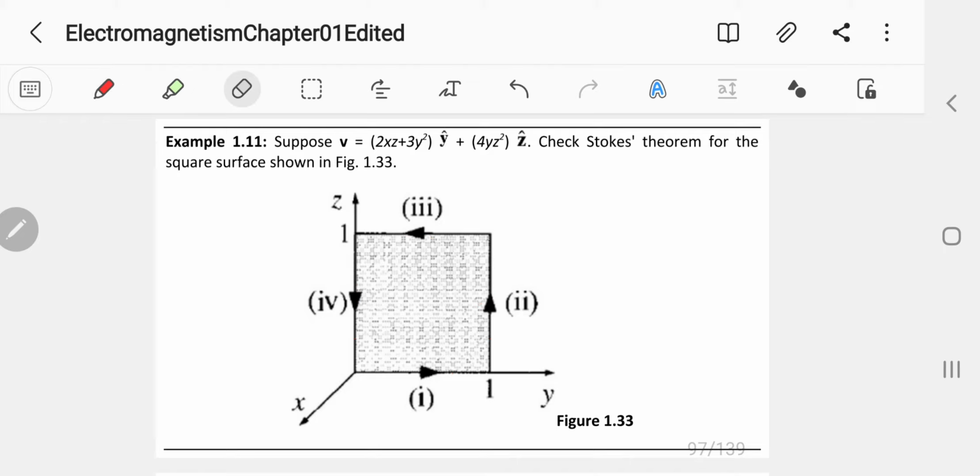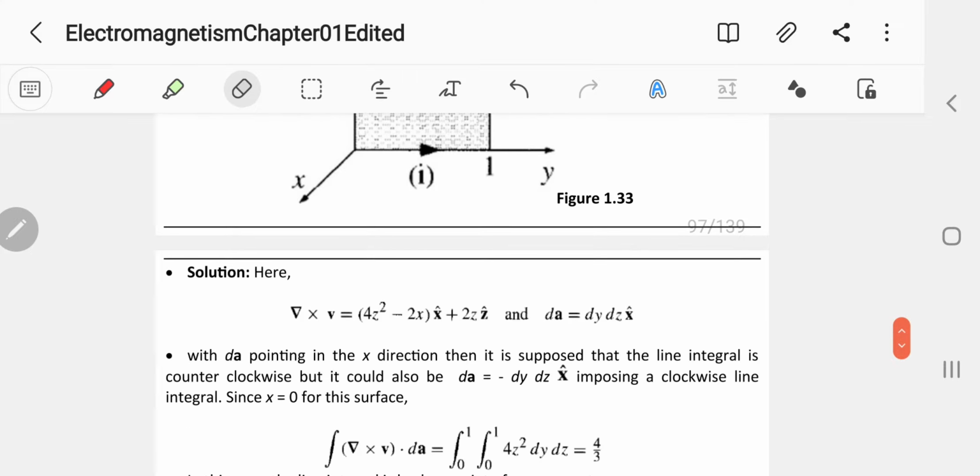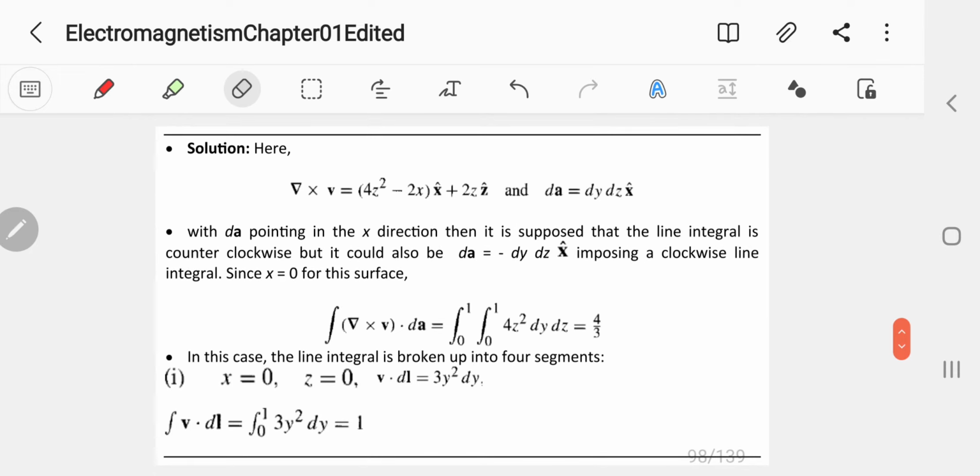So we'll take the cross product between the del operator and v. The cross product of del and v is just this one. You can perform that using the previous lecture; you can find it there. And then of course you have dA.